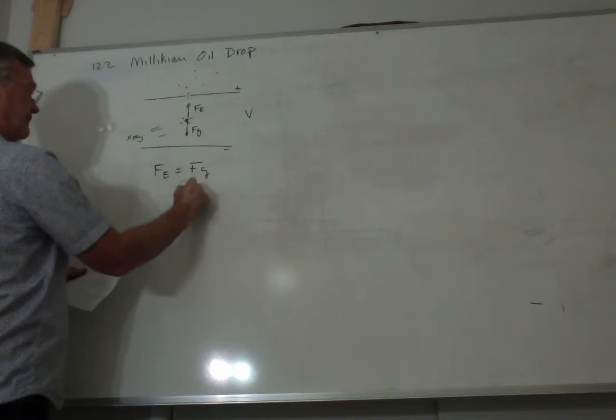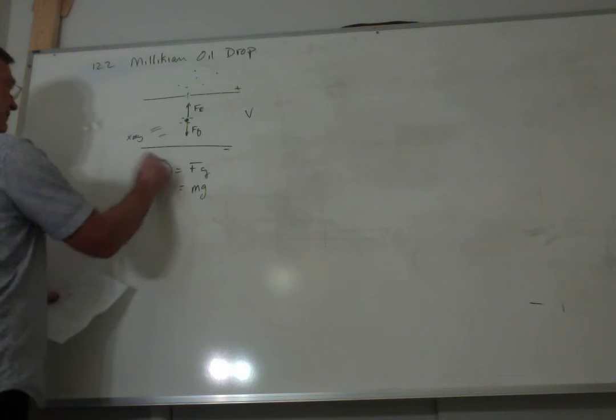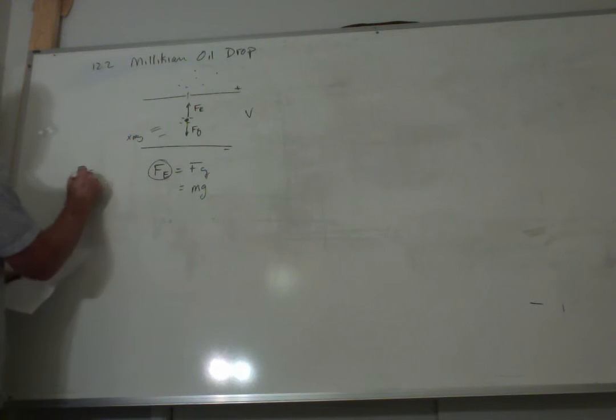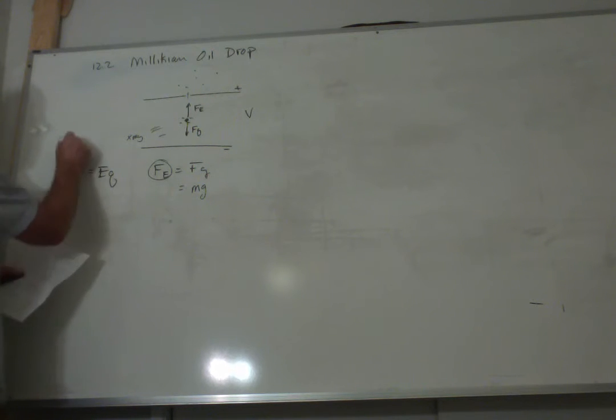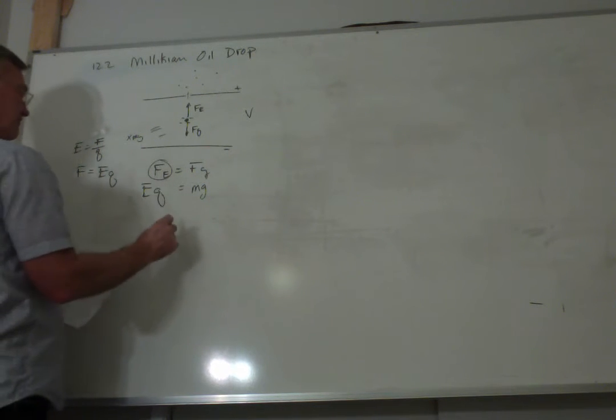Now the force of gravity was mg, and if we go back, we find out that force is equal to the electric field intensity times Q, because E is equal to F over Q. And therefore, this was equal to EQ.